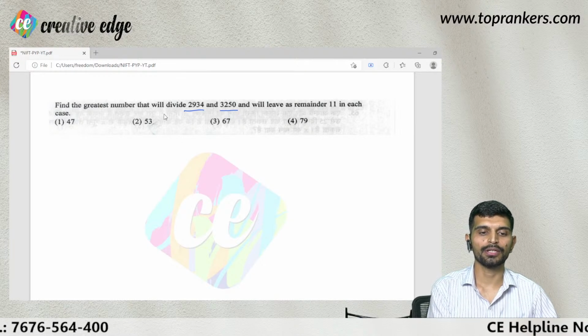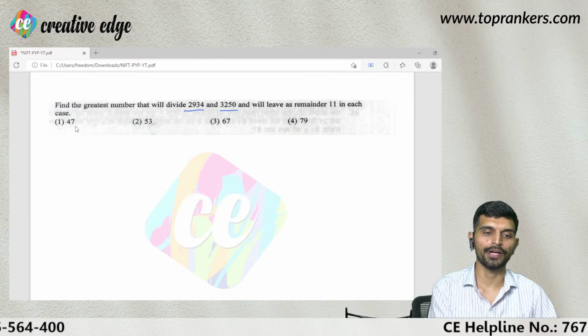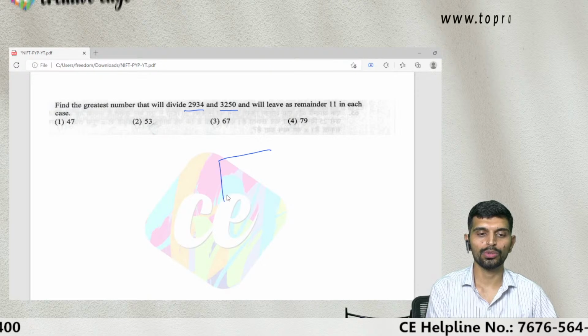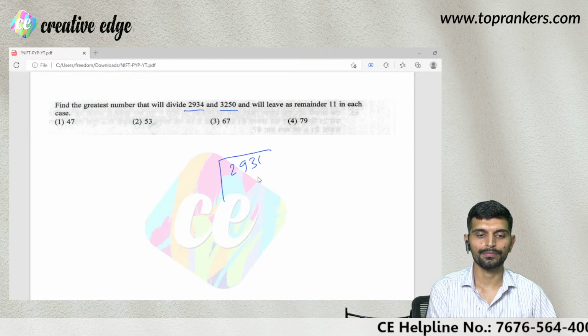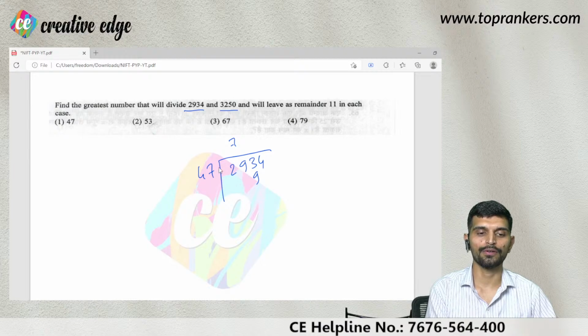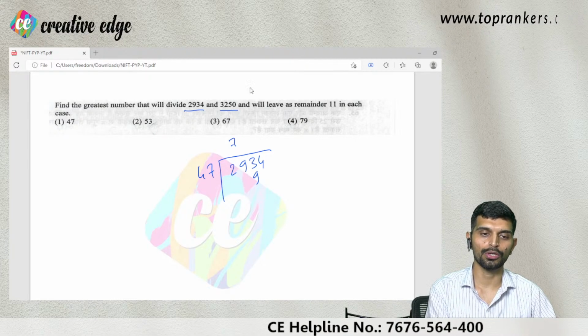Alternatively, my suggestion here would be go for division directly. Let's divide by 47. So 47 into 2934. 47, 7 times, 7 sevens are 49, 7 fours are 28 plus 4, 32. So not happening.